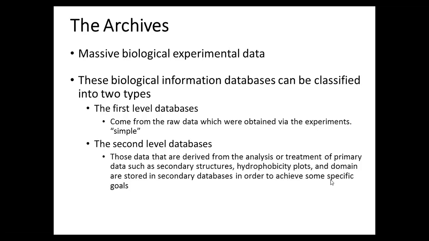So that's primary. For secondary level, you have to do some analysis on those data. I think now you have some distinction between first level and second level databases or datasets.